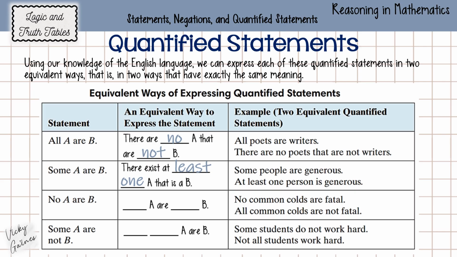No A are B. All A are not B. That's an equivalent way to express that statement. Example, no common colds are fatal. All common colds are not fatal is another way to express it equivalently.